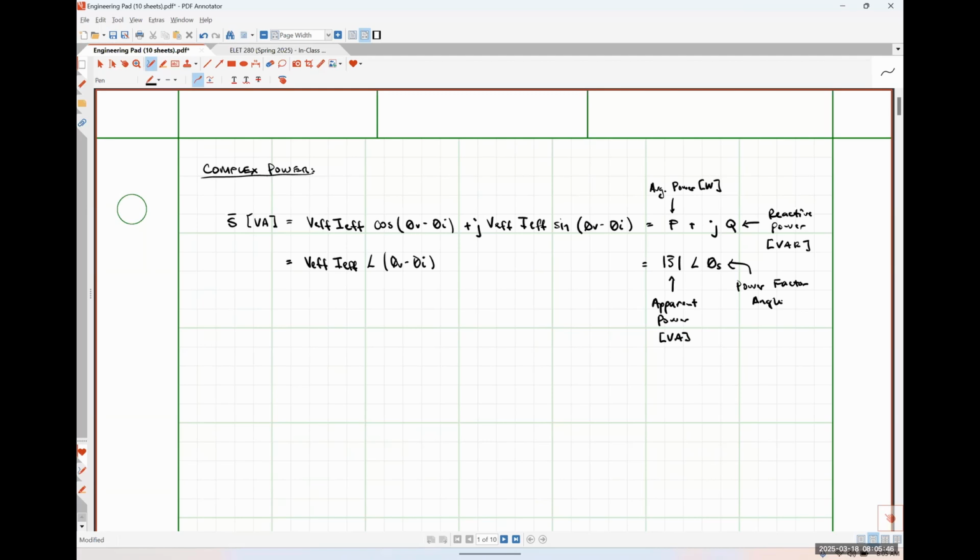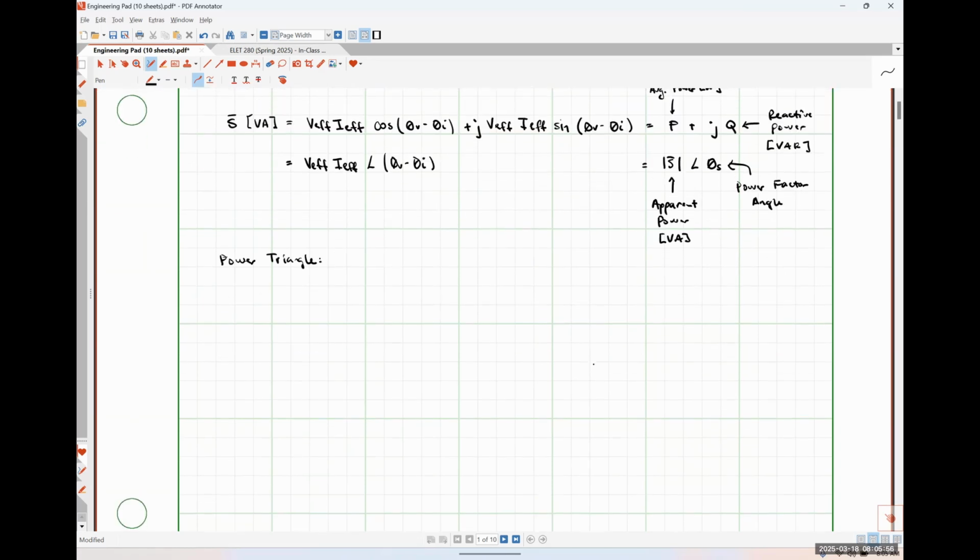So let's put down here power triangle, and I'm going to say specifically here, for an inductive load. I'm going to note that the resistance of an inductive load will be positive, and the reactance of an inductive load will also be positive.